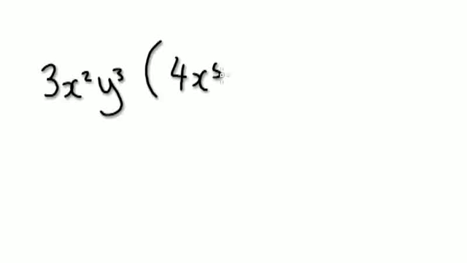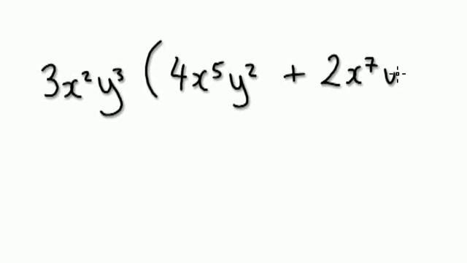So now we can use the same thing here. If someone gives you something like this, y to the power 3 bracket, let's say 4x to the power 5 y squared plus 2x to the power of 7 y to the power of 5.